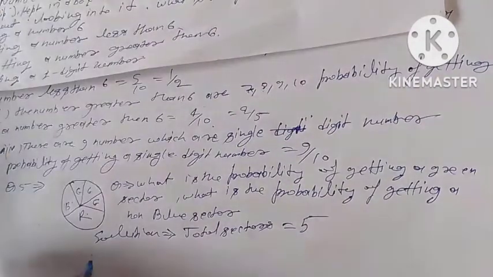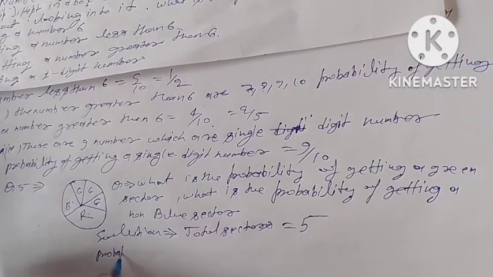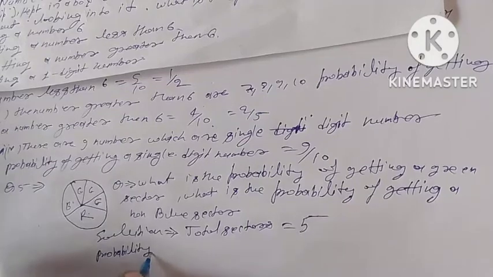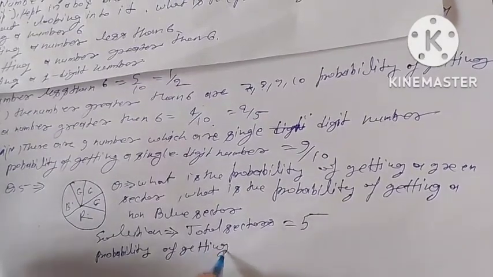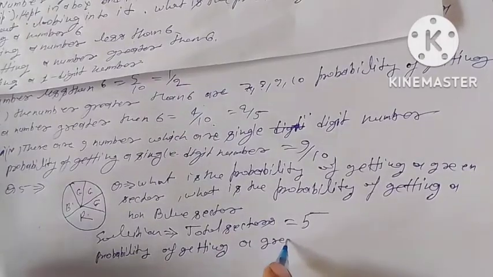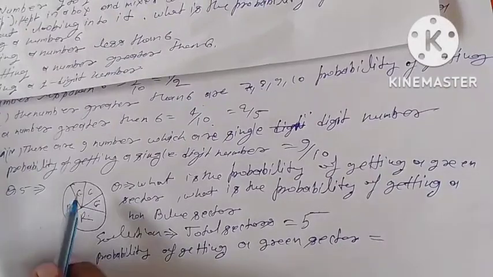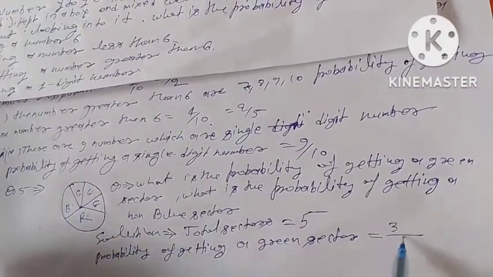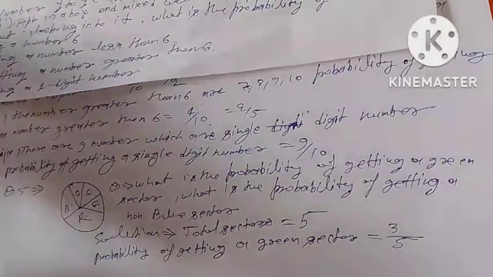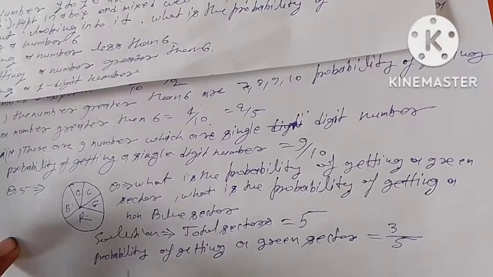Probability of getting a green sector: 3 green, then 3 upon total number of sectors 5. 3 upon 5.